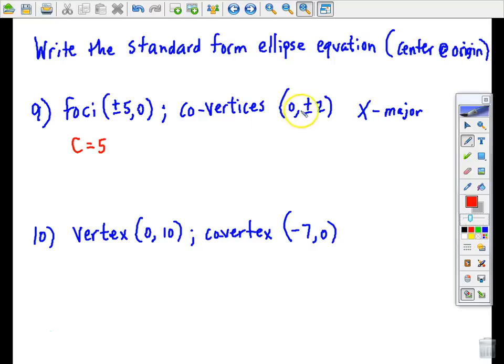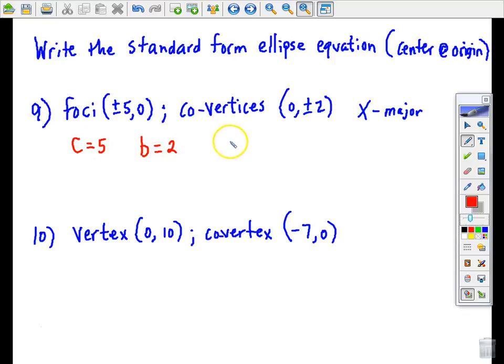Covertices. That distance from the center to a covertex is 2. And the variable that we associate with covertices is the variable b. Well, obviously, the variable that we need to write the equation for the ellipse is a, and then move on from there to get a squared.